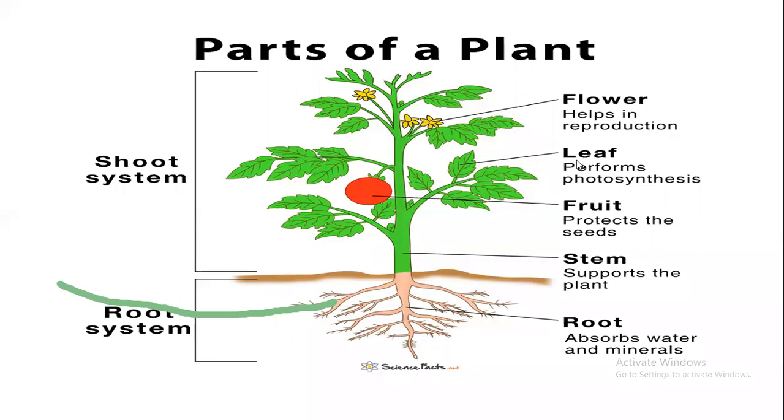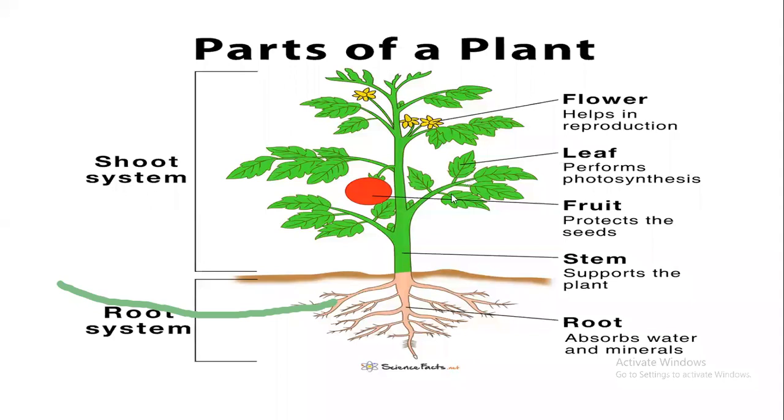What does a leaf do? Leaf makes food for the plant. How does it make food? Through photosynthesis. Photosynthesis is the process involved in making food.